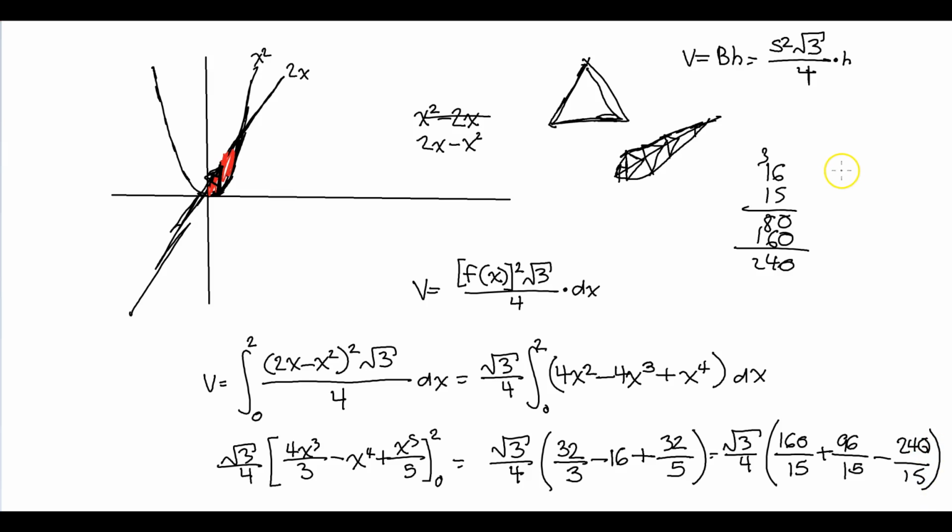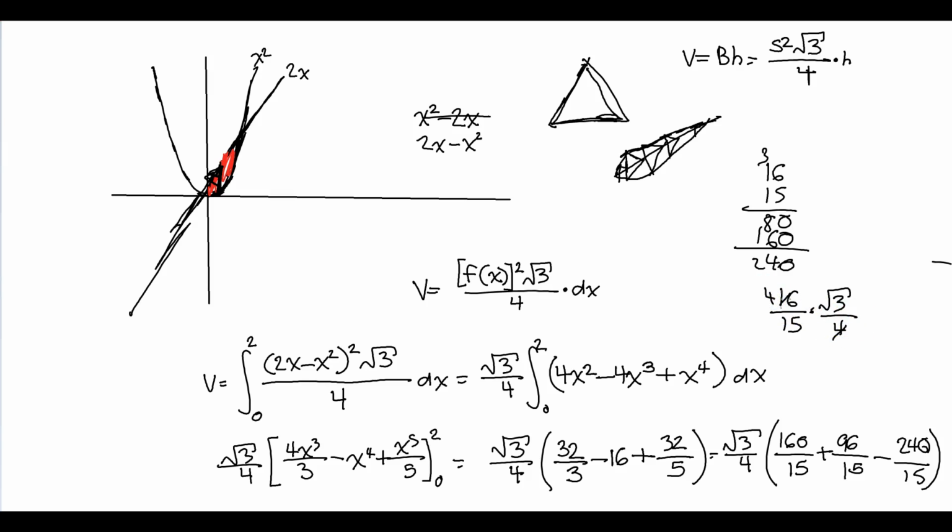And all we need to do is simplify this. So 160 plus 96 is 256, minus 240 is 16 over 15.